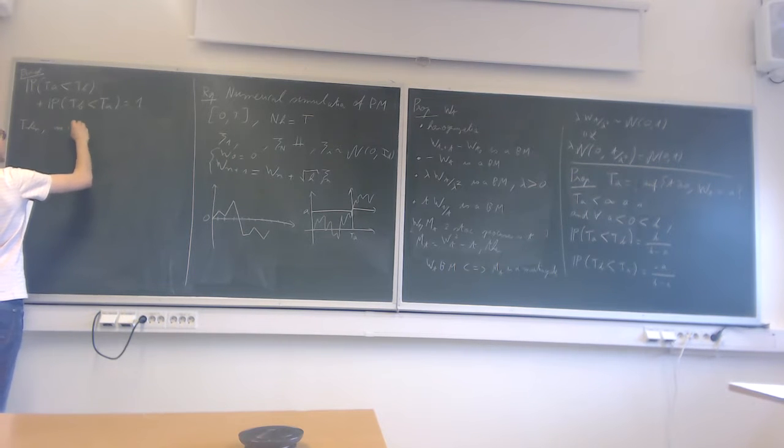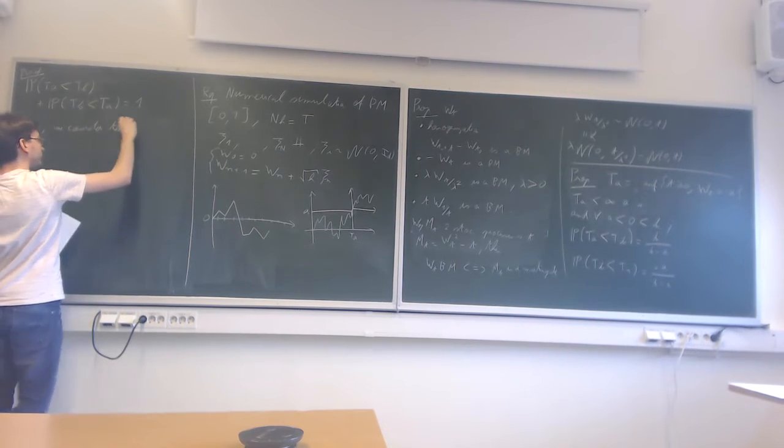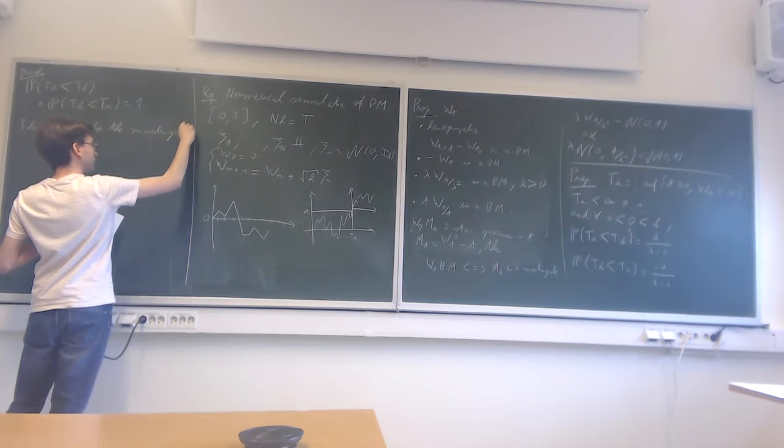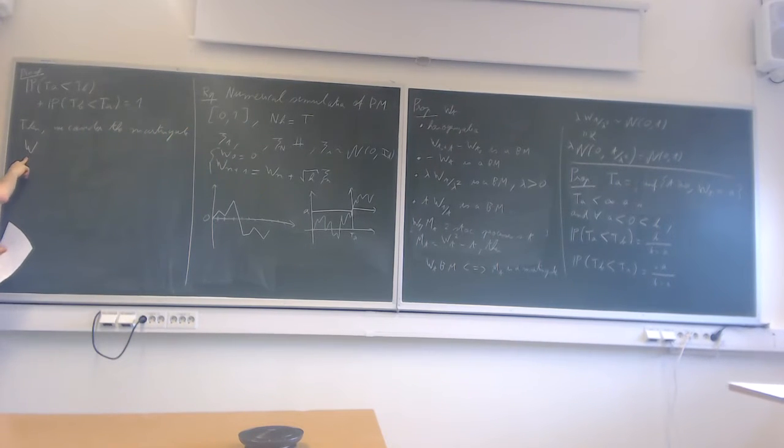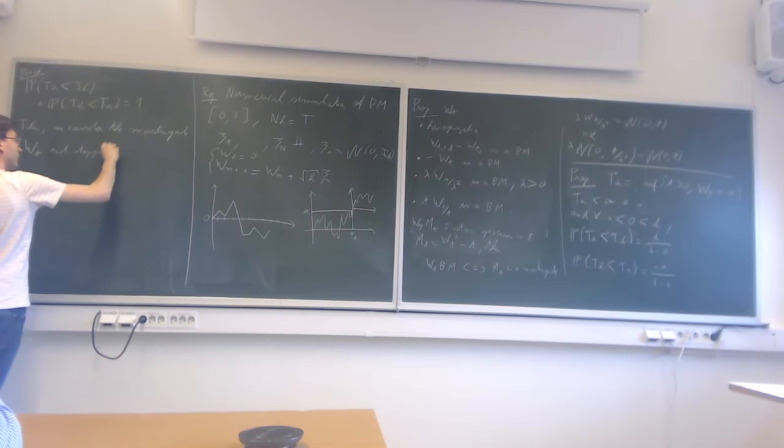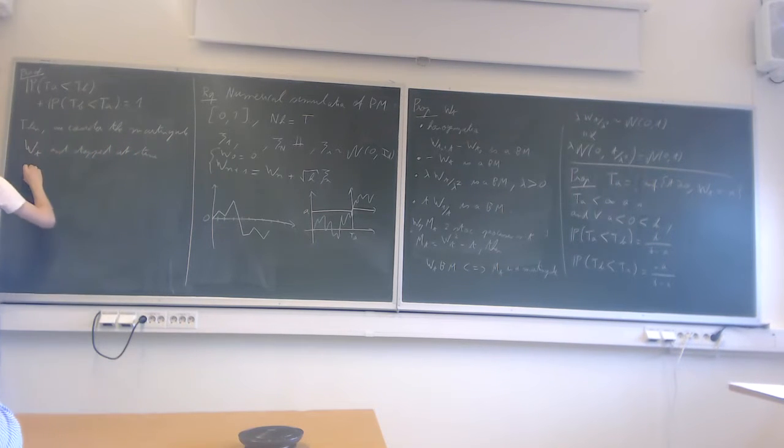So we consider the martingale W, the Brownian motion, evaluated at time T and stopped at time the minimum of TA, TB and T. I can't just take the minimum of TA and TB, because then it doesn't satisfy the hypothesis of Doob's theorem.